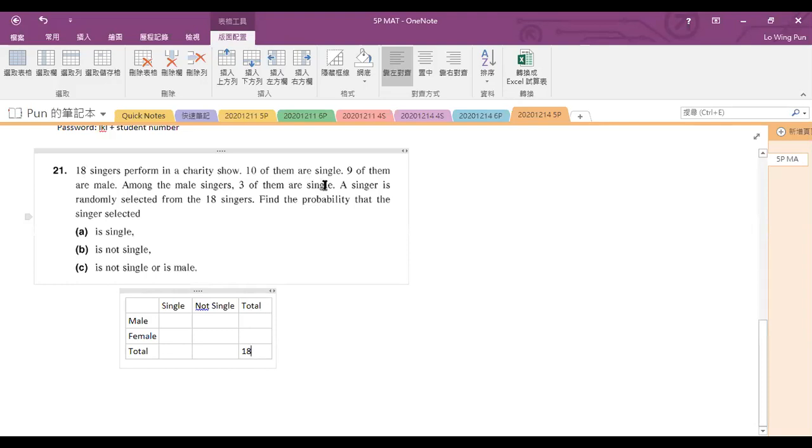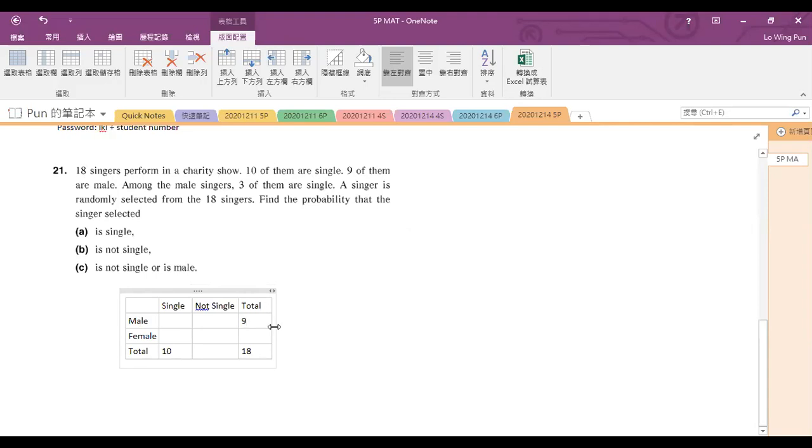10 of them are single. Okay, the single column will be 10. And then 9 of them are male. So the male row should be 9. Can you see this?